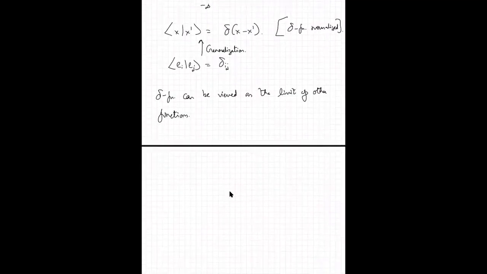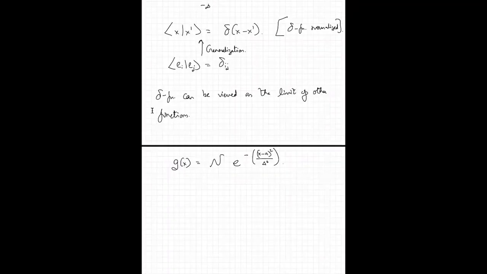For example, if you take a Gaussian function, let us call this some g of x, some normalization N times e to the minus (x minus a) the whole square divided by some delta square or something like this. Okay, so this is an example of a Gaussian function.